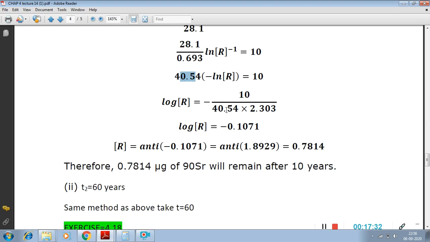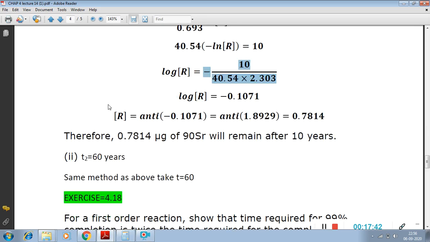So log R, if you calculate this whole, you will get minus 0.1071. Now we want to find R, so take antilog on both sides. So R is equal to antilog of minus 0.1071.